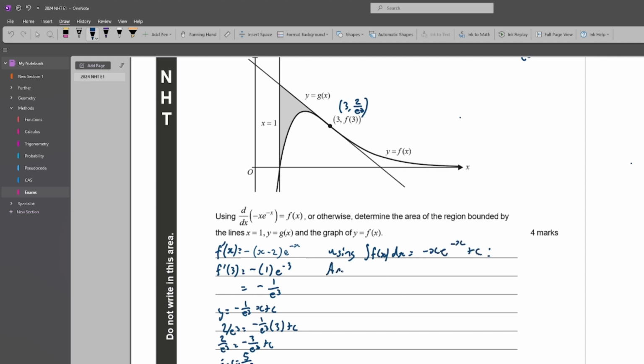The shaded area is equal to the integral of the top curve, which is our tangent, negative 1 on e cubed, x plus 5 on e cubed dx, minus the integral of f of x, which we know is this. Let's not forget our terminals: from 1 to 3 of f of x dx.